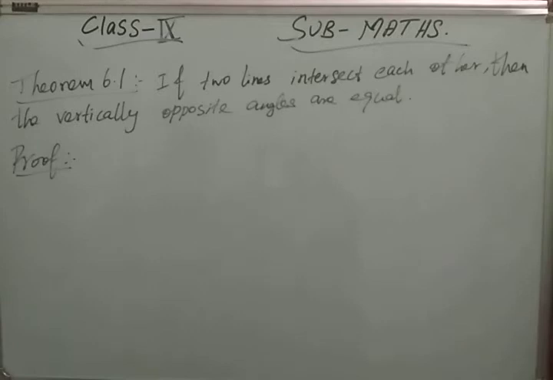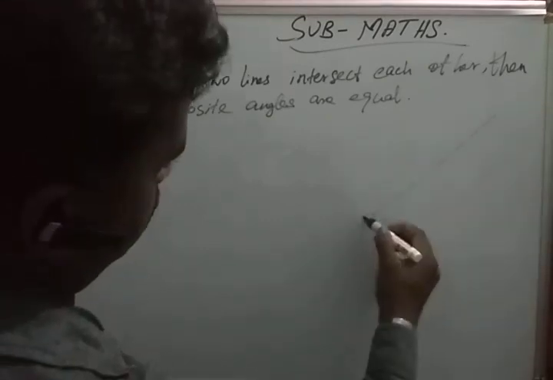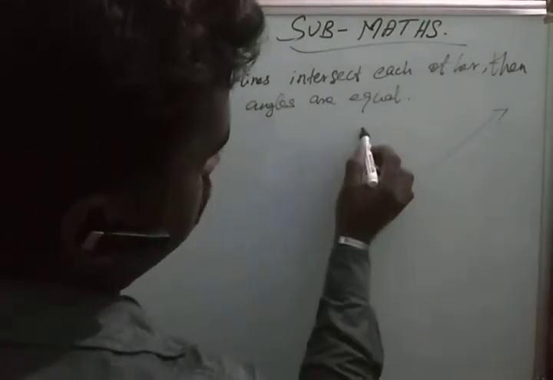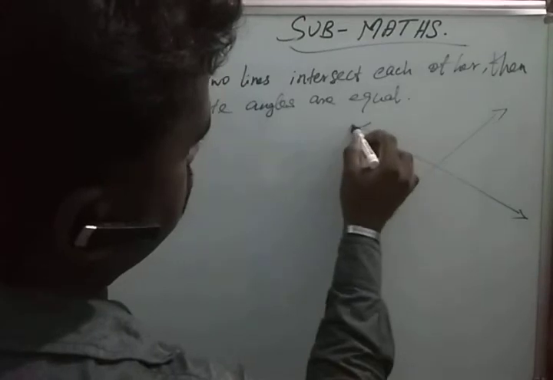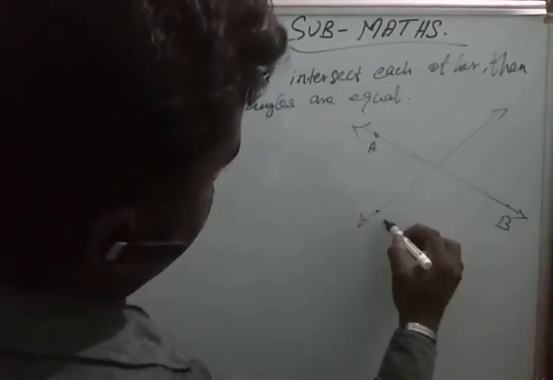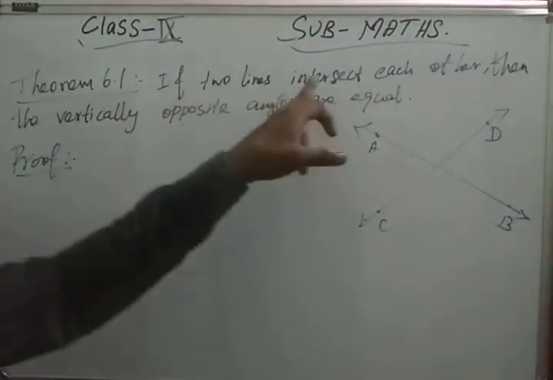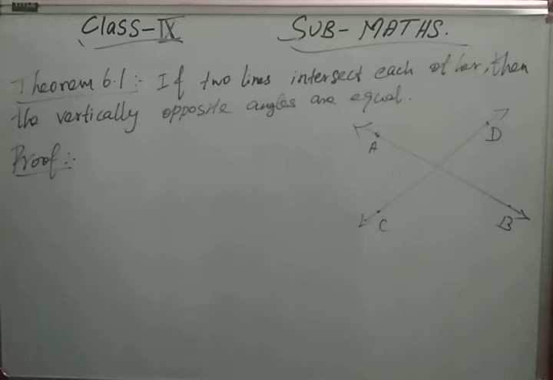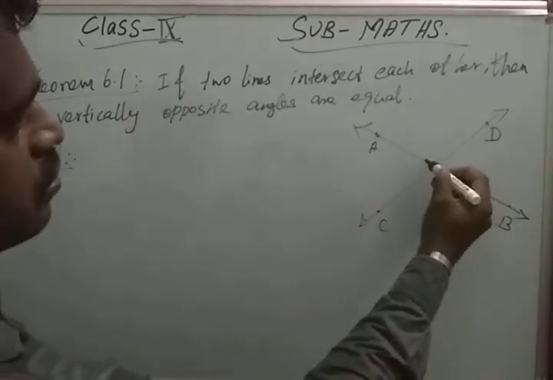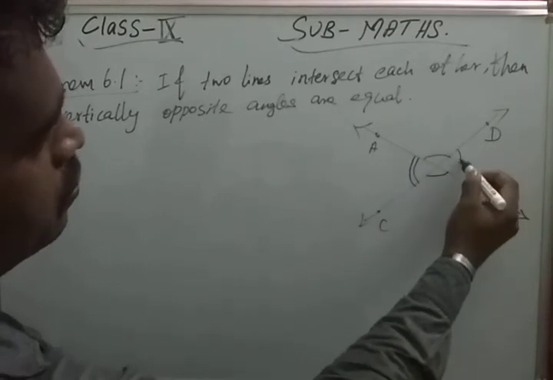Since the theorem says, if two lines intersect each other, you have to draw the picture first. So we have drawn the two lines and taken points A, B, C, D. If two lines intersect each other, then the vertically opposite angles, these two angles and these two angles, are equal.